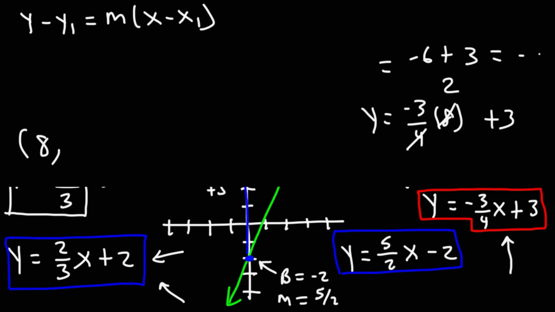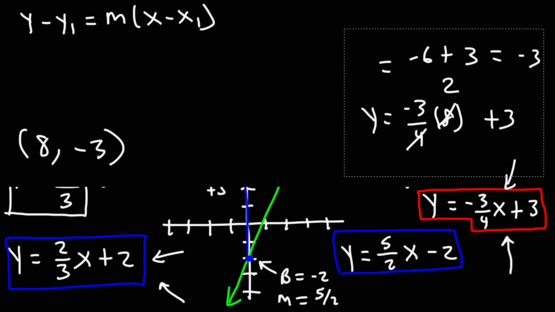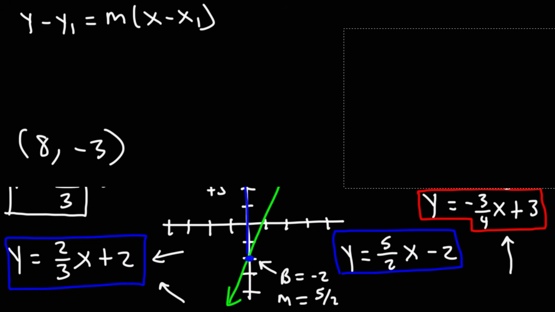Negative 6 plus 3 is negative 3. So I have the point 8 comma negative 3. When we plug in a value of 8, we get negative 3 for y. I wanted to avoid any fractional points or any fractional values in x or y.